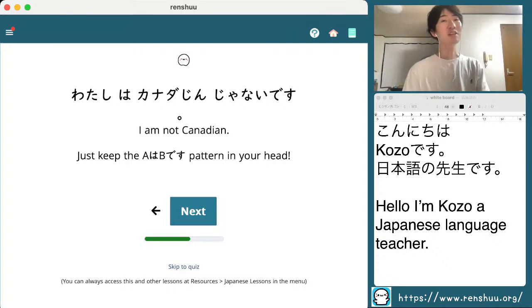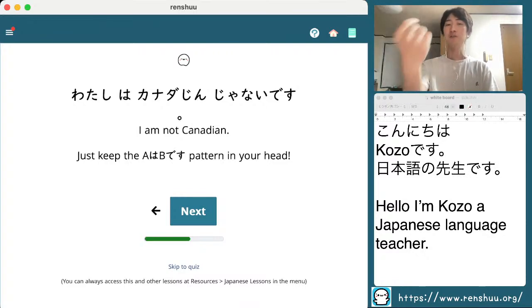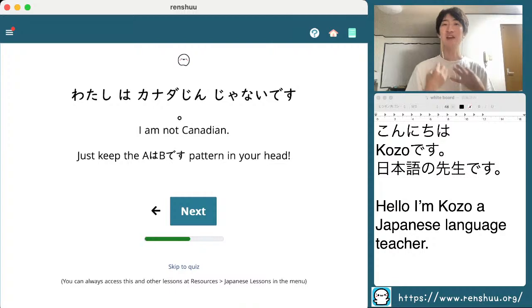But in Japanese, if you asked me, you're not Canadian? of course I'm not Canadian, I'm Japanese, then I say, yes, I'm not Canadian. はい、カナダ人じゃないです。It's totally opposite from English and some Latin languages, I think.